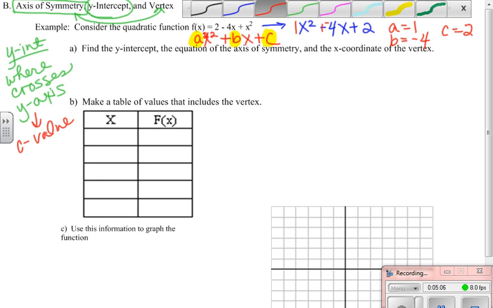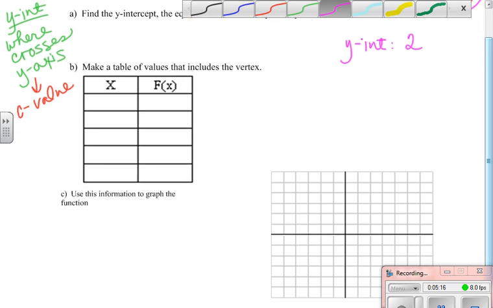So when it comes to the y-intercept of this graph, the y-intercept is going to be that c value, so it equals 2. So on this graph, on the y-axis, that graph is going to cross at 2.